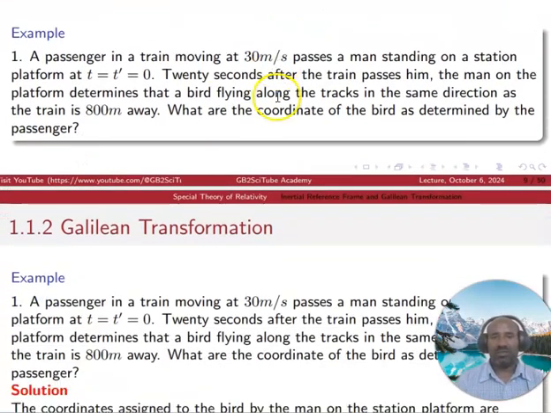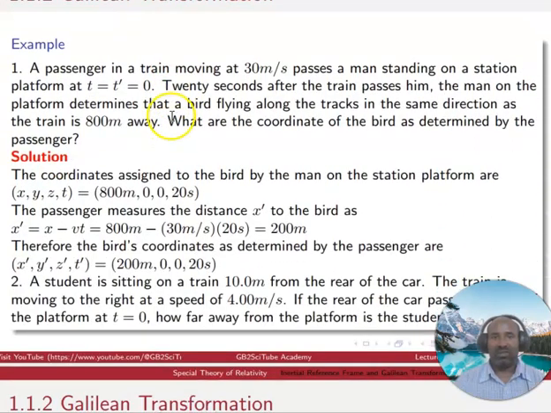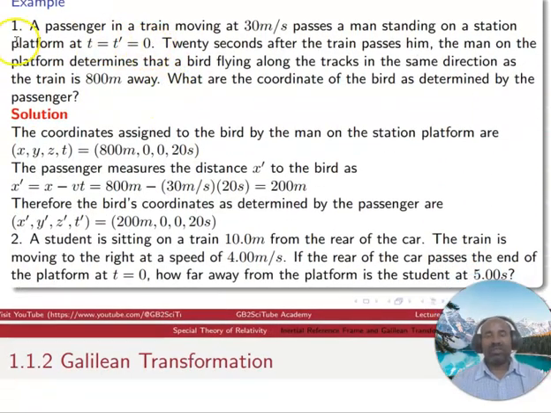The first example is here. A passenger in a train moving at 30 meters per second passes a man standing on a stationary platform at time t equals t prime equals 0.